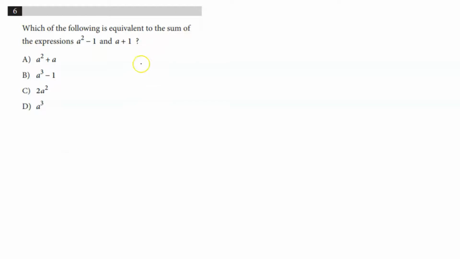Number 6. Which of the following is equivalent to the sum of the expressions a squared minus 1 and a plus 1? So this seems to be pretty simple, we're just adding them. Let's look for like terms. a squared is the only squared term, so we're going to leave that be.